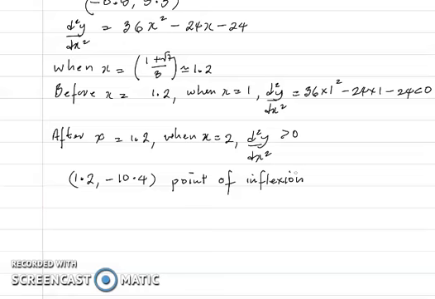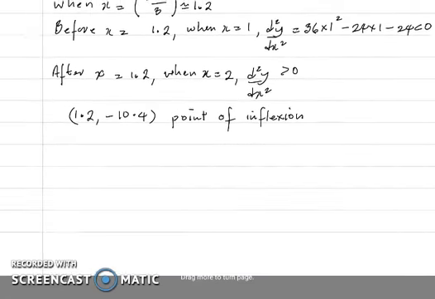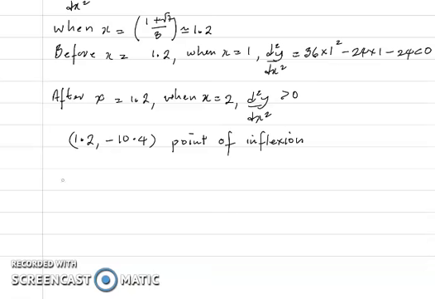We can also look at before x is equal to minus 0.5. For example, when x is equal to minus 1, d2y by dx squared, this was already done, was greater than 0. Again, this was done when we were trying to classify the turning points.